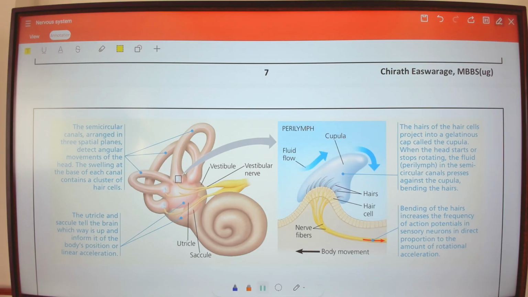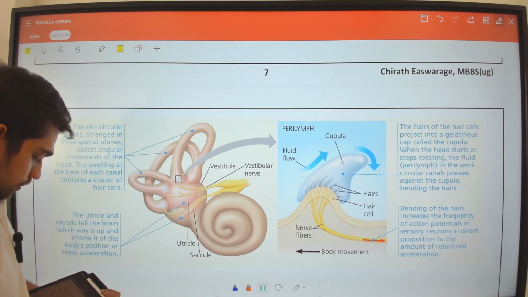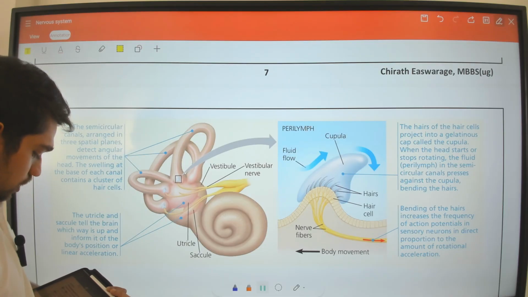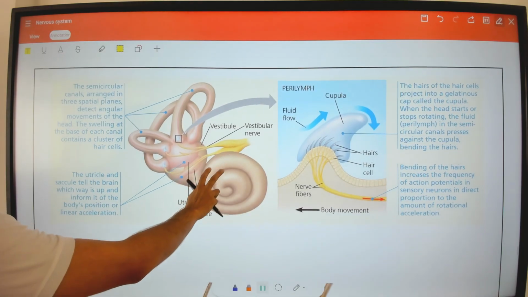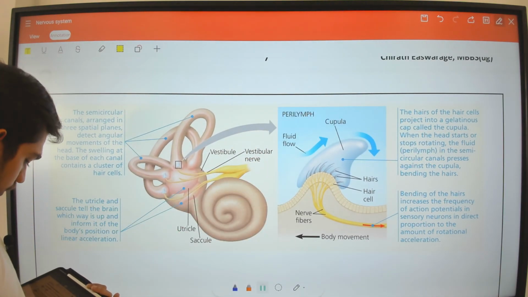So the semicircular canals and the vestibule provide information about the position of the head in space and contribute to maintaining posture and balance. The utricle and the saccule of the vestibule perceive position with respect to gravity or linear movements.